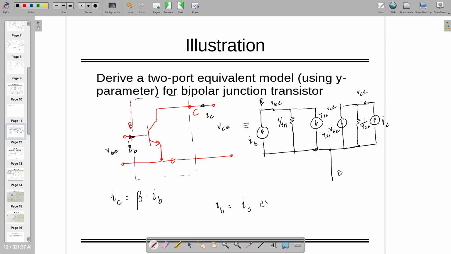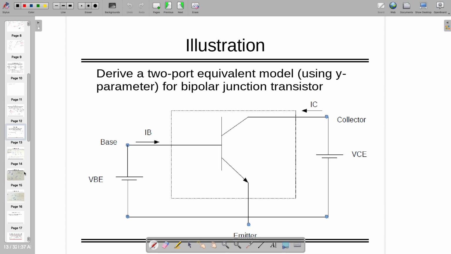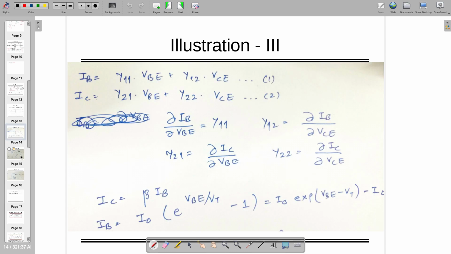So VBE by VTH, minus, okay. That is one equation I found from one book. So is it wrong or correct? I haven't ignored it. I copied it from some device book and I kept it here.